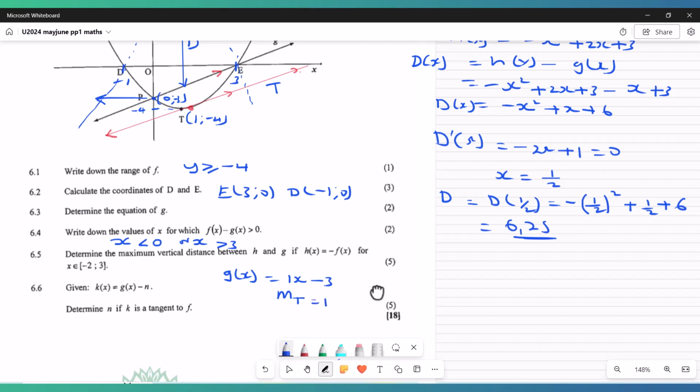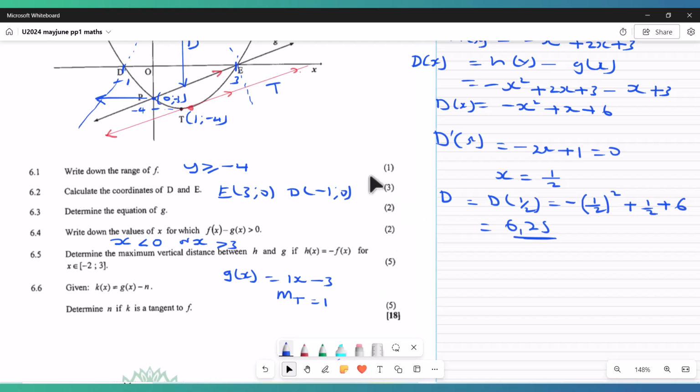Then now, because I have this function here, f of x, this gradient, which is 1, should be the same as the gradient function for the given function. I repeat, this gradient, which is 1, should be equated to the gradient function of the f. So I must differentiate my function. So they said that our f of x was what again?